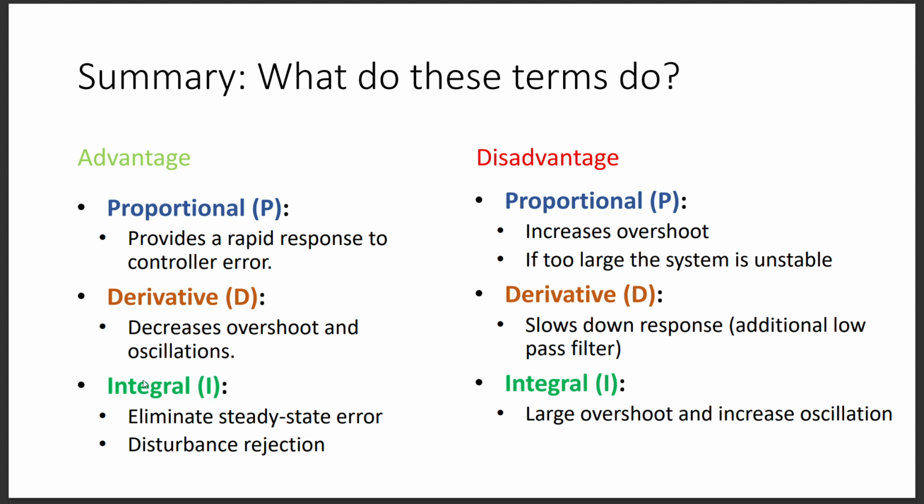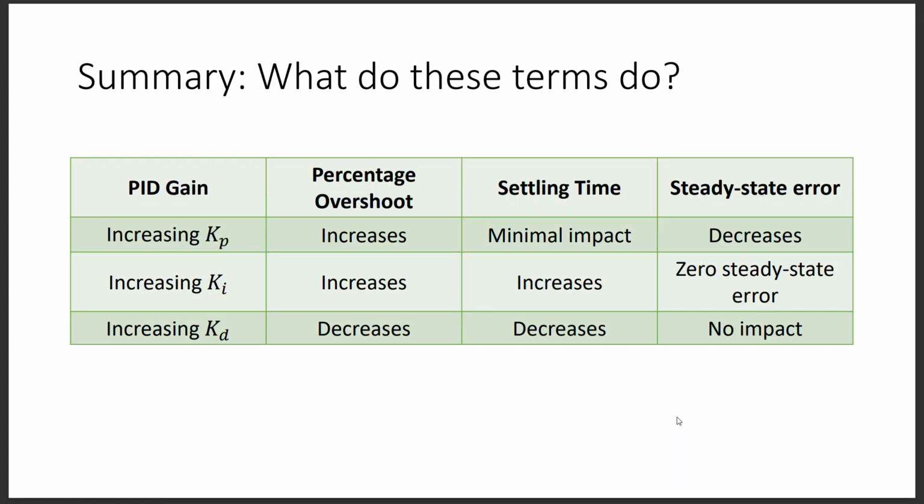The integrator term eliminates steady state error, but it increases overshoot and increases the oscillations. This table summarizes what each of these gains would do, increasing Kp, increasing Ki, and increasing Kd. How do they affect percentage overshoot, settling time, and steady state error?